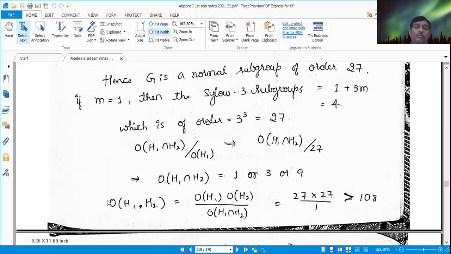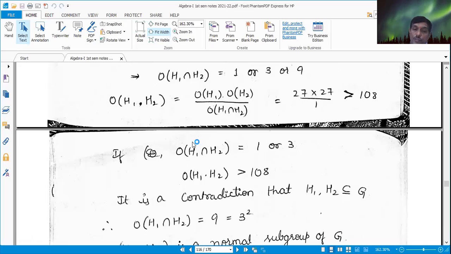Then you already know this theorem: order of H1 H2 is order of H1 into order of H2 divided by order of H1 intersection H2. This must be 27 into 27, which is greater than 108.